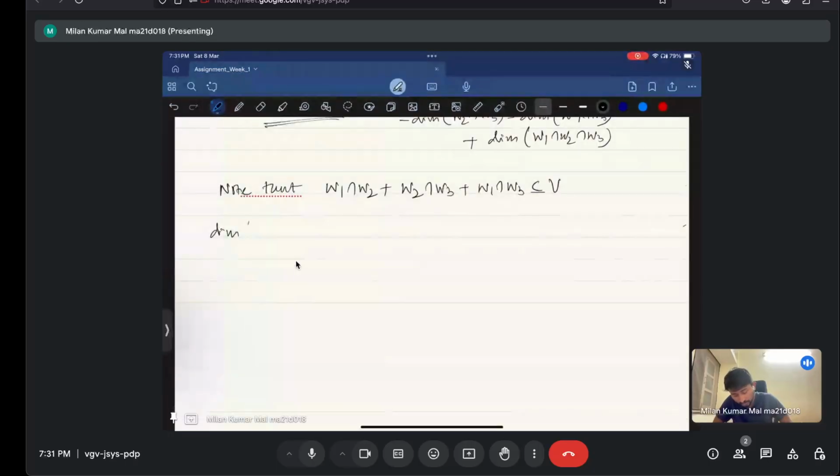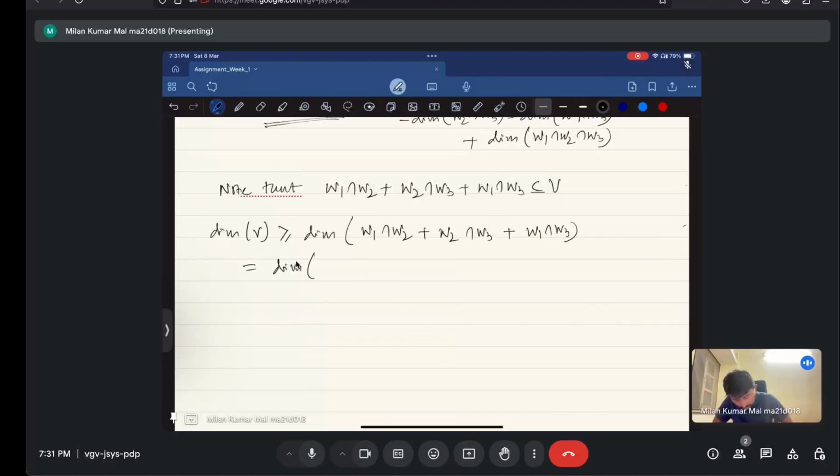So dimension of V is greater than or equal to dimension of W1 intersection W2 plus W2 intersection W3 plus W1 intersection W3, that is equal to dimension of W1 intersection W2 plus dimension of W2 intersection W3 plus dimension of W1 intersection W3.